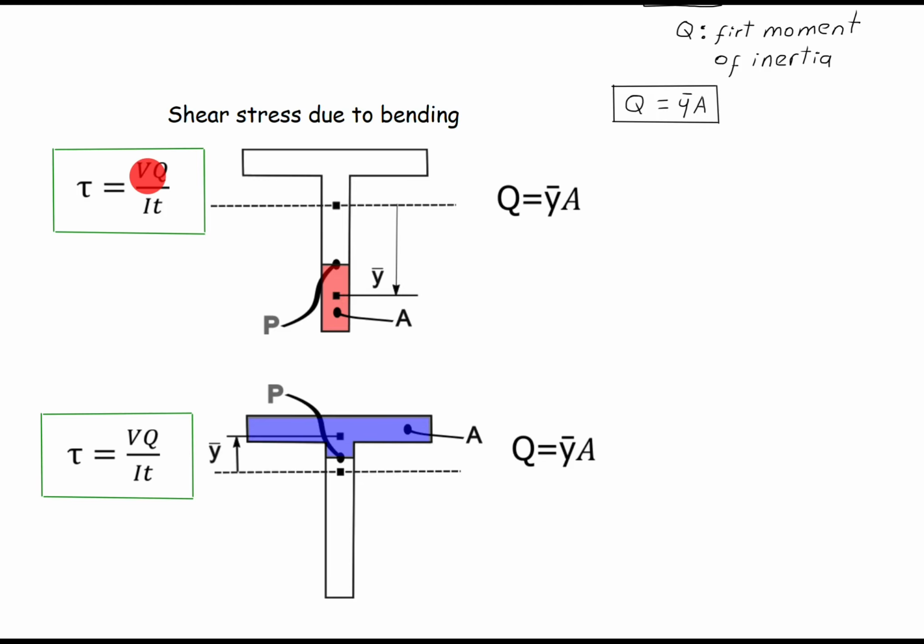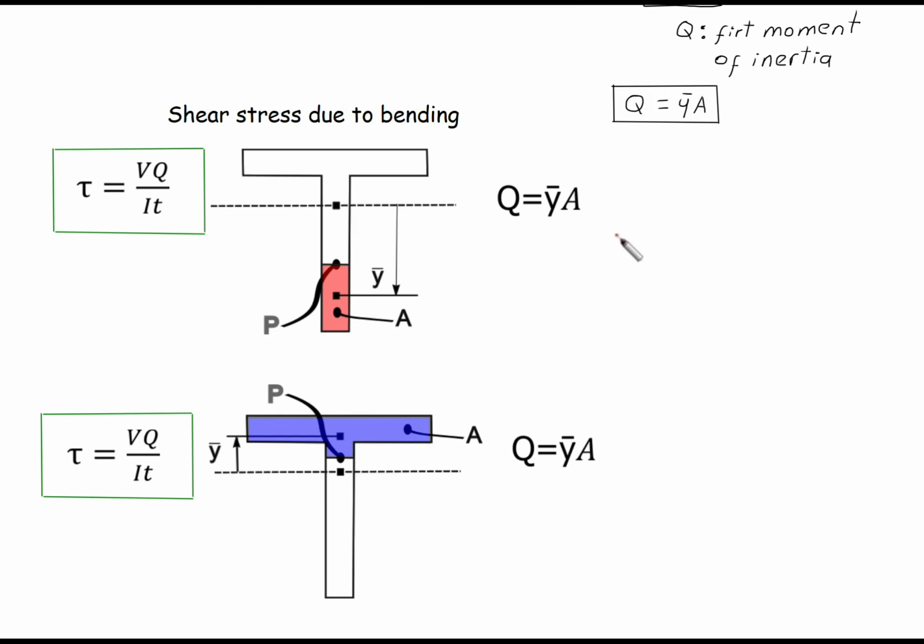V is the shear force obtained from the shear force diagram, and Q is this. If we are studying the point P, from this point until the bottom fiber, there is an area. This is this area, and the centroid of this area with respect to the neutral axis is the y bar.